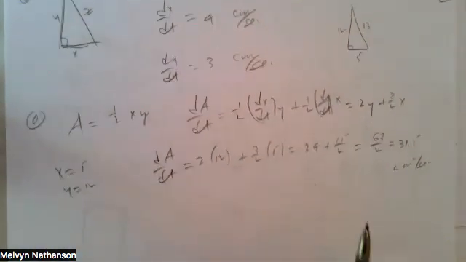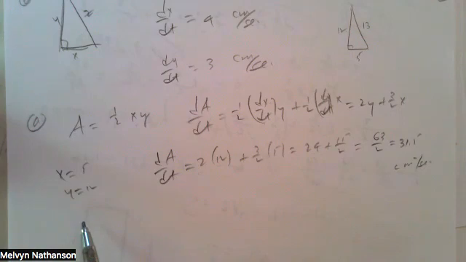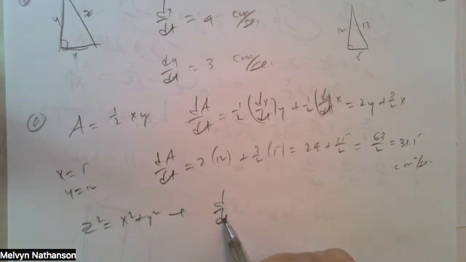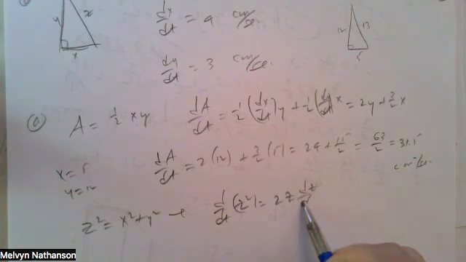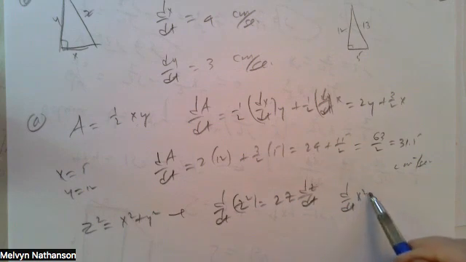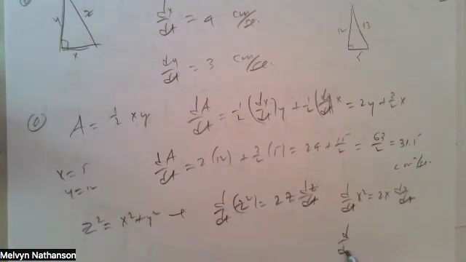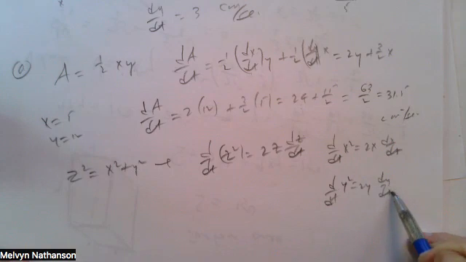That's part A. Part B is to find the rate at which the hypotenuse is increasing. So by the Pythagorean theorem, z squared is x squared plus y squared. The derivative with respect to t of z squared is 2z dz/dt. The derivative of x squared is 2x dx/dt, and the derivative of y squared is 2y dy/dt.